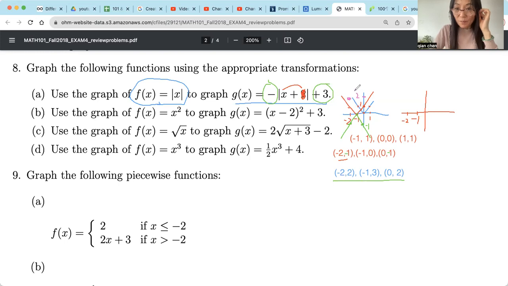So -1, 3 is here. Let's make this graph a little longer. This is the y value 3, so this is the point -1, 3. Then 0, 2, which is on the y-axis, right? So now my final graph is this purple color.